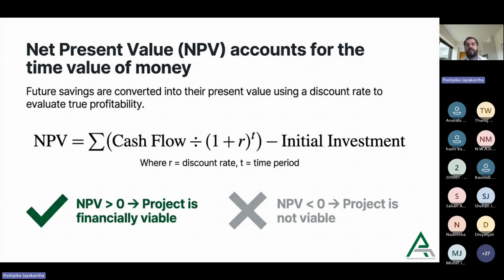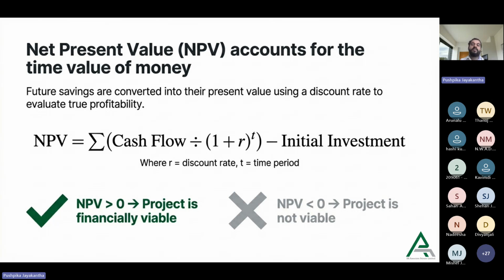Okay. So it reflects the idea that money available today is worth more than the same amount of money in the future, because today's money can be invested and earn returns. So we call this concept the time value of money concept. Okay, so for example, if you have 1,000 rupees today, you can invest it and earn interest.